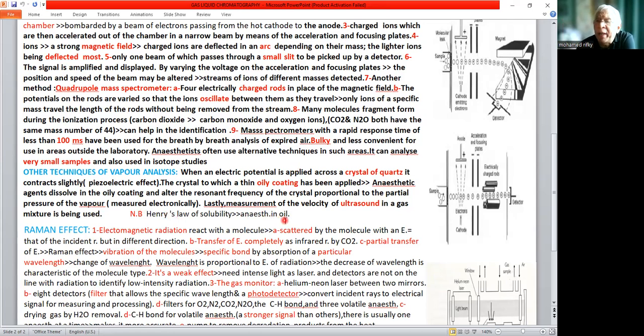The other thing, we can of course use the refractometers, as we said before, and we can use ultrasound speed through the vapor to notice the shift in the frequency of the ultrasound to identify the gas.